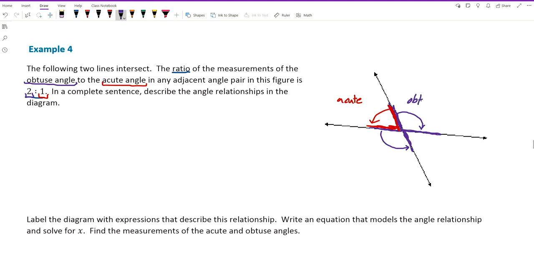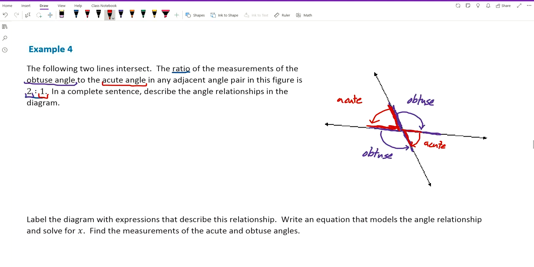This would be obtuse. Obtuse. And which leaves us this one from here to here would be acute.